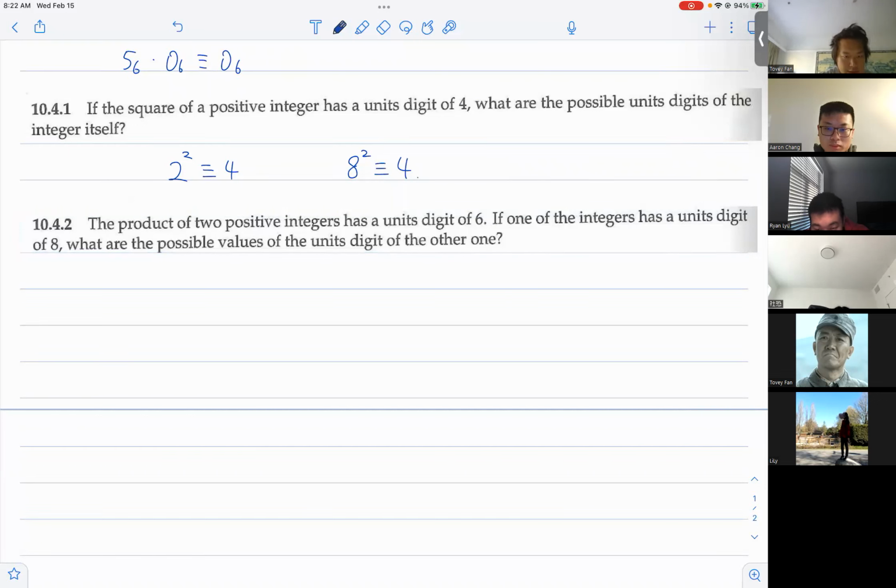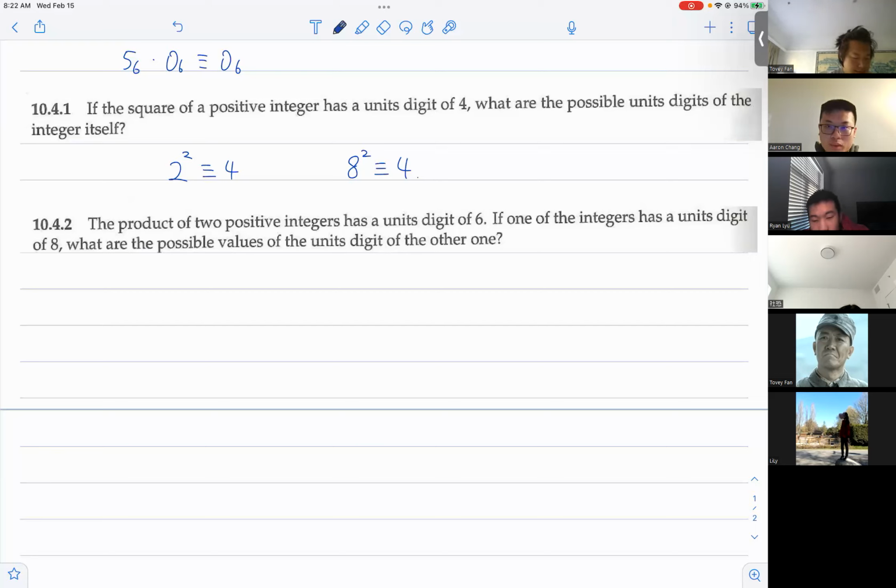Lily, it's your turn. So it's basically asking 8 times what will give you a unit digit of 6, right? It's basically just a timetable.